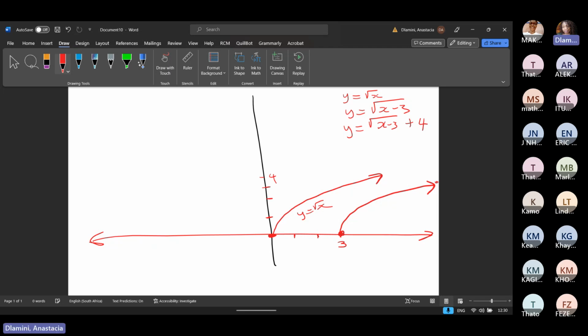So this point will go here at 4, and it will be like this. So this is our y equals to square root of x minus 3 plus 4. Do you see how we were supposed to draw that graph in the assignment? Yes, ma'am. Can I please have 7 yeses from different people?